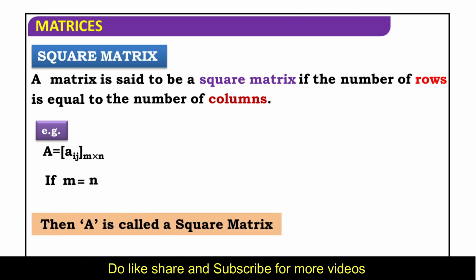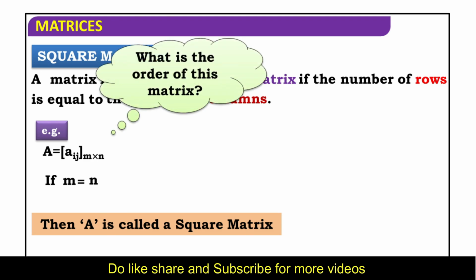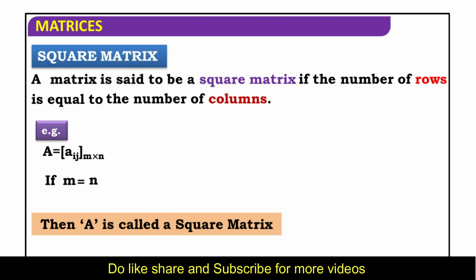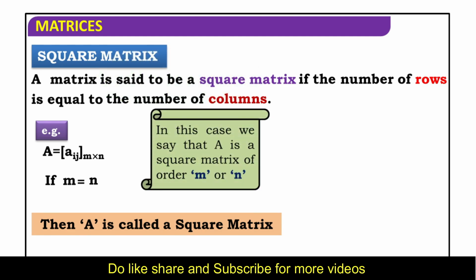Then A is called a square matrix. What is the order of this matrix? m by n. In this case, we say that A is a square matrix of order m or n, since both are equal.